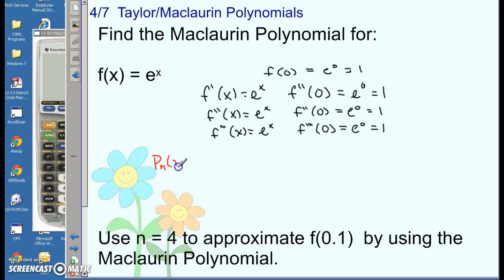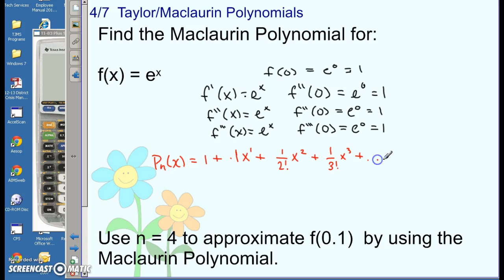So our polynomial with n terms is going to be f of 0 times x to the 0th power, which is 1, plus f prime of 0 times x to the first, plus f double prime of 0 over 2 factorial x squared, plus f triple prime of 0 over 3 factorial x cubed.